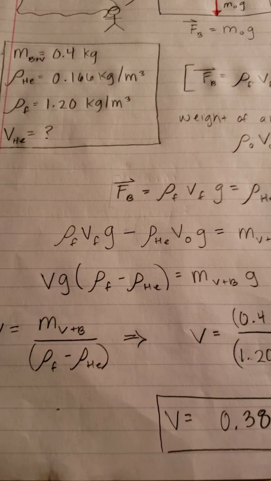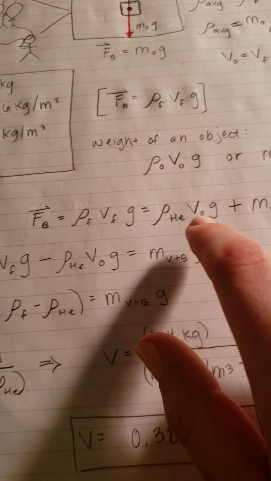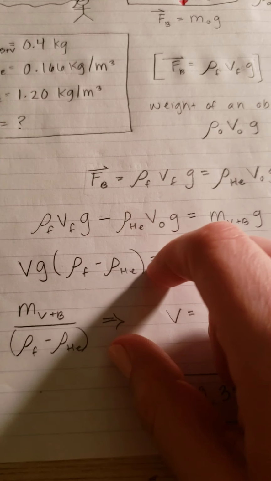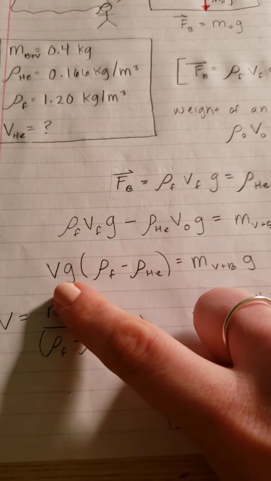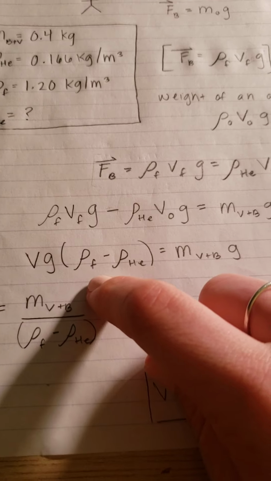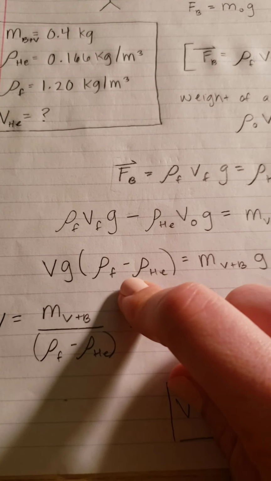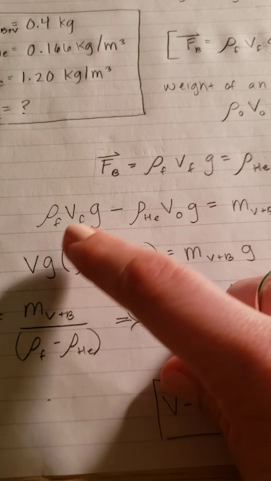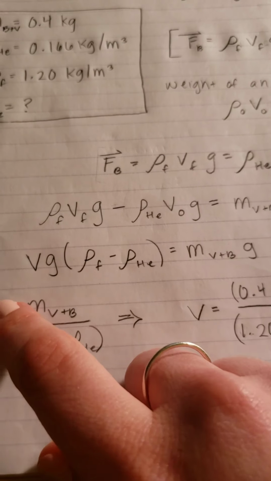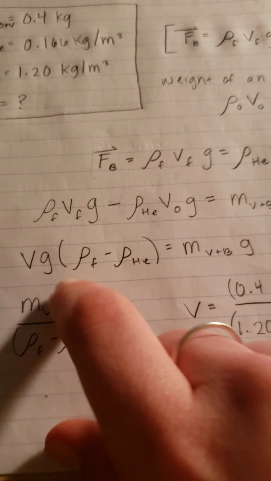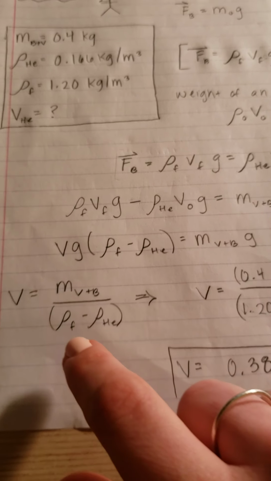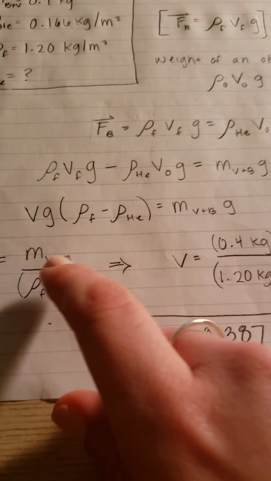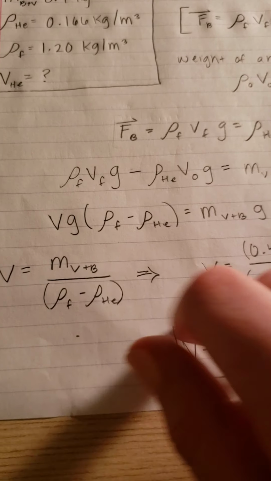We can just do a little bit of algebra here. I subtracted the weight of the object, set it equal to mass times gravity. We can factor out the densities here. Like I said earlier, the volumes are equal to each other, so we can just factor out an overall volume times gravity, and gravity is also canceled out.